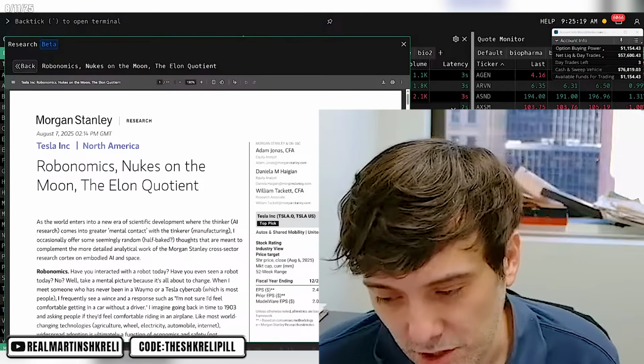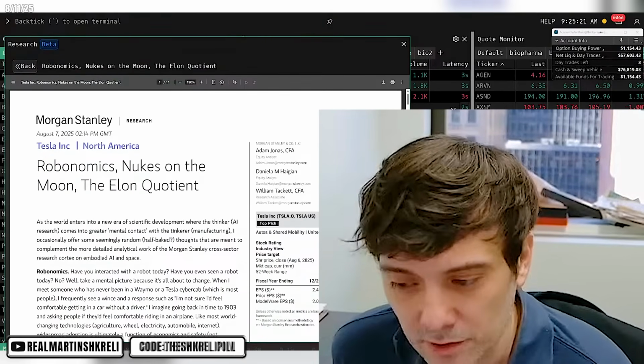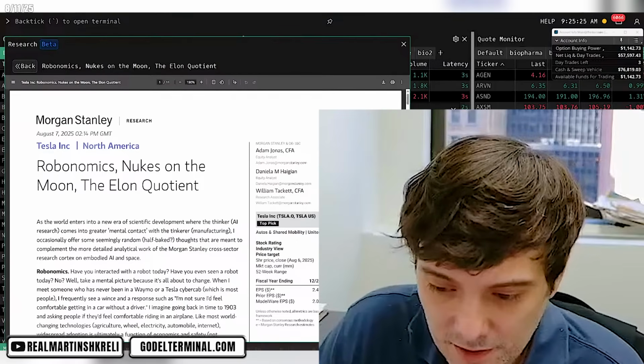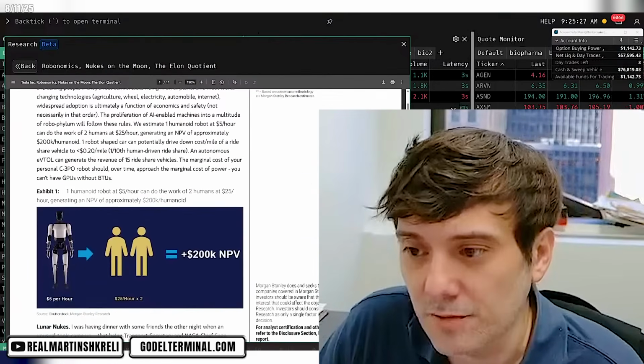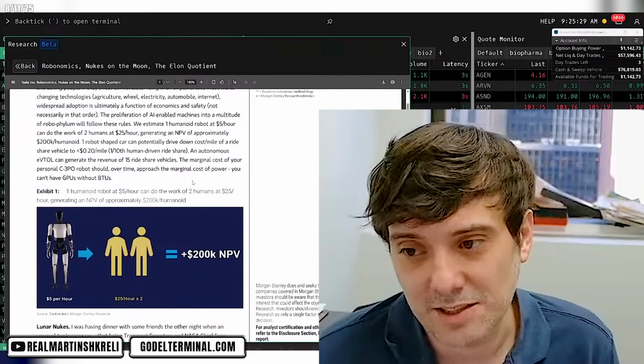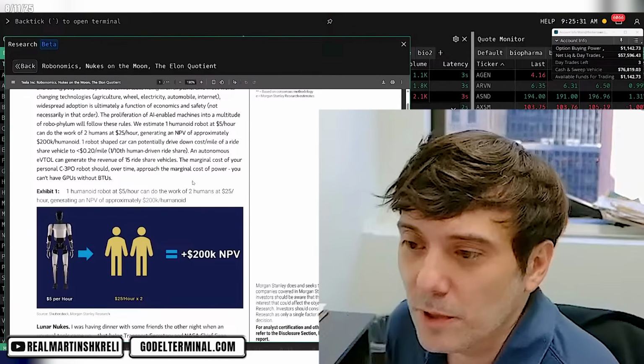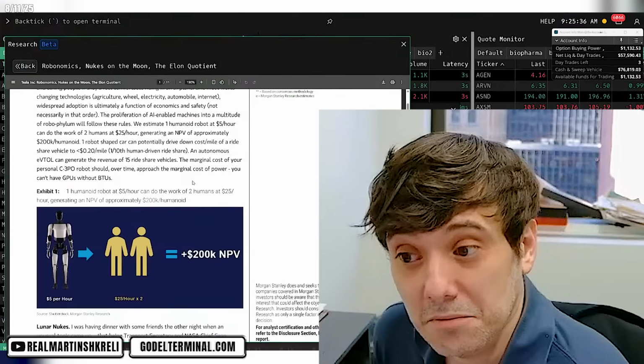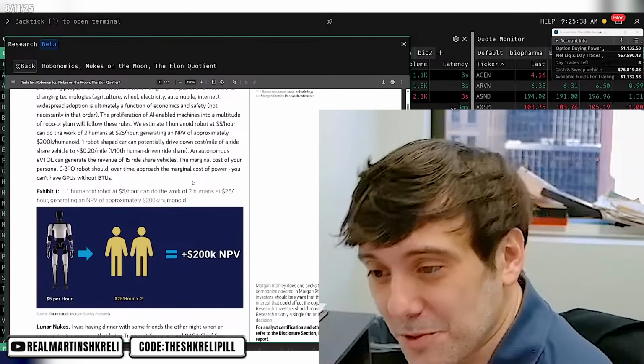Like most world-changing technologies, agriculture, wheel, electricity, automobile, internet, widespread adoption is ultimately a function of economics and safety, not necessarily in that order. The proliferation of AI-enabled machines into a multitude of robophyllum will follow these rules.